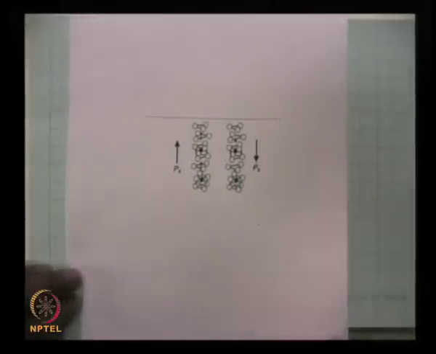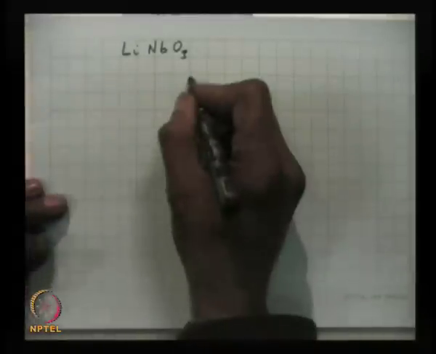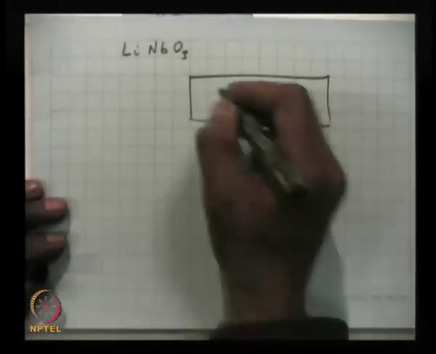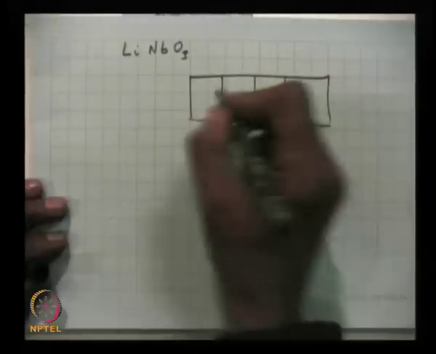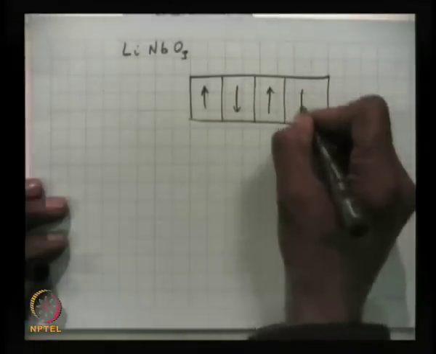But what I can have is this: suppose I generate a crystal in which I have regions with the polarization pointing up, down, up, down.